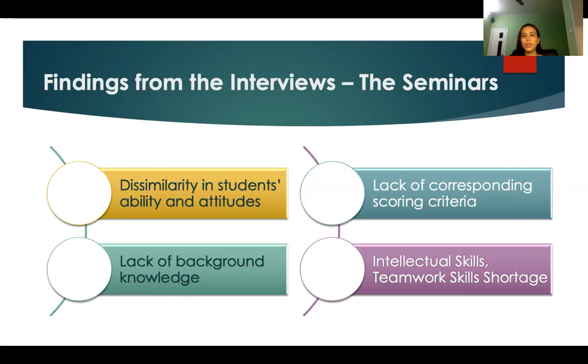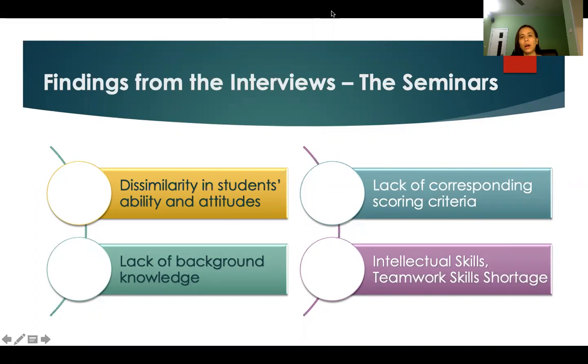And because the students lack intellectual skills, like the communication skills, the teamwork skills, and critical thinking skills.